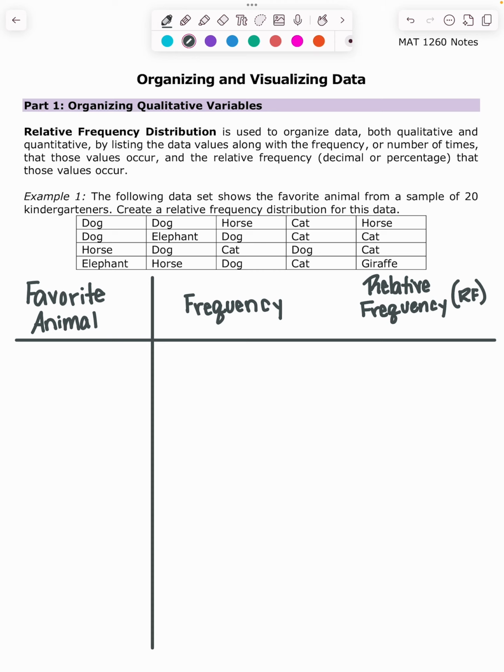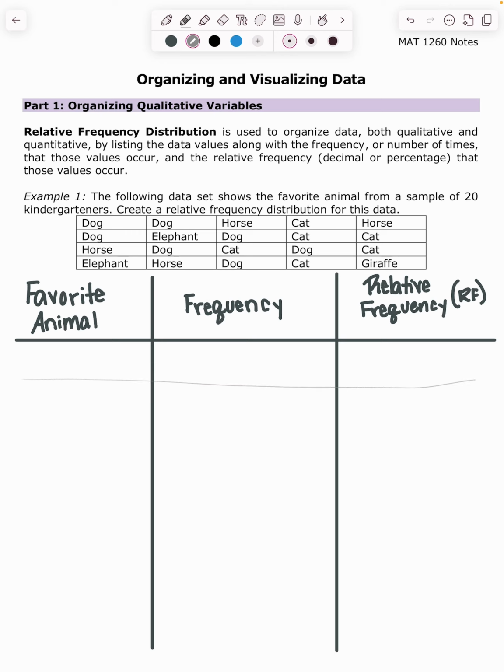And then I'm just going to make my table look a little bit nicer so it's easier to read. These lines are pretty common. I'm going to throw in some extra lines that are just for me. This is my preference. You do not have to do this. This is just something that I want to take 2 seconds to do really quickly. Otherwise, it can make the table a little bit hard to read.